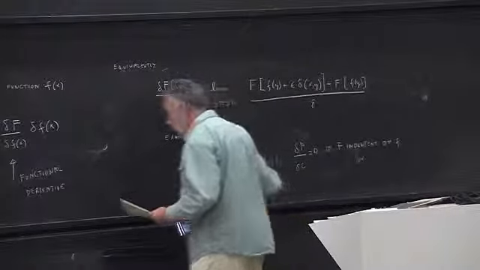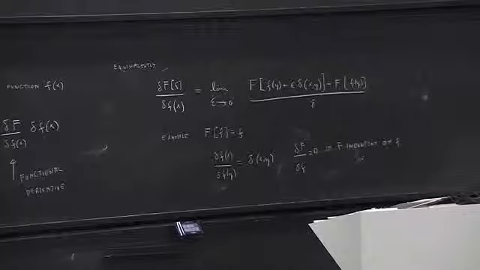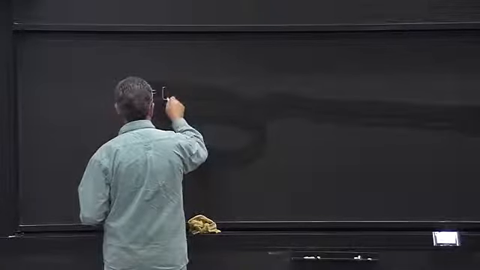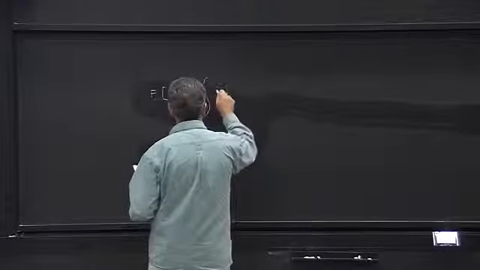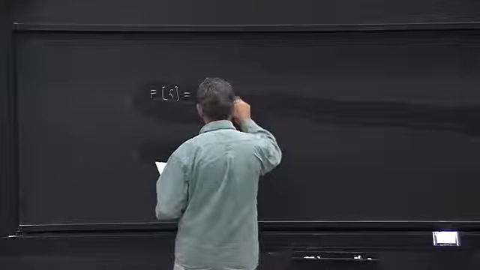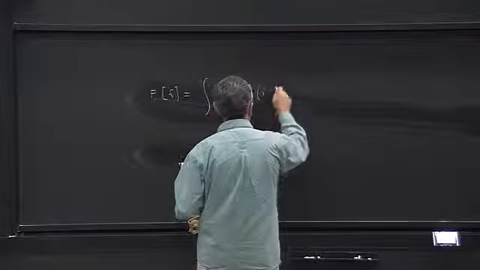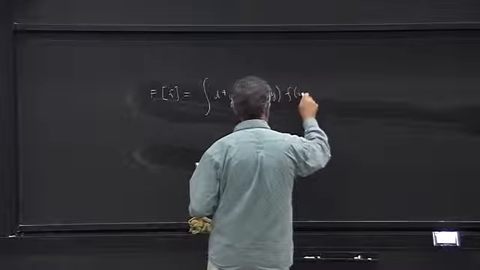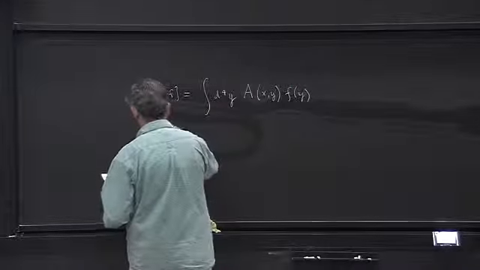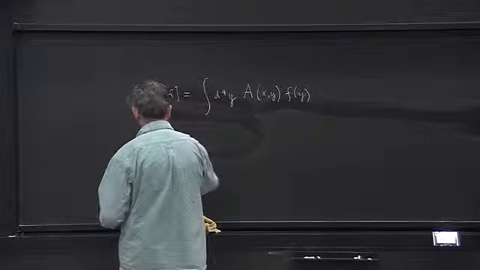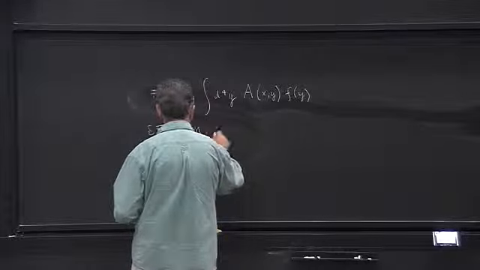Similarly, if F of phi equals the integral d4y, let's say, A of x and y, phi of y, then delta F over delta phi of z is A of x and z.